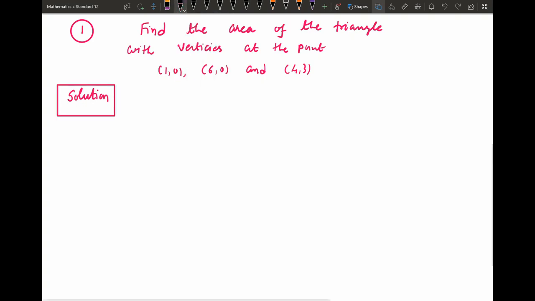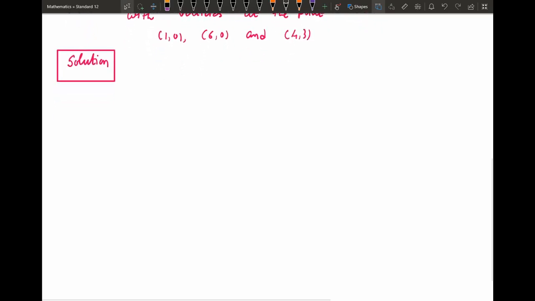So first we give names to the vertices. Let A(1, 0), B(6, 0) and C(4, 3).